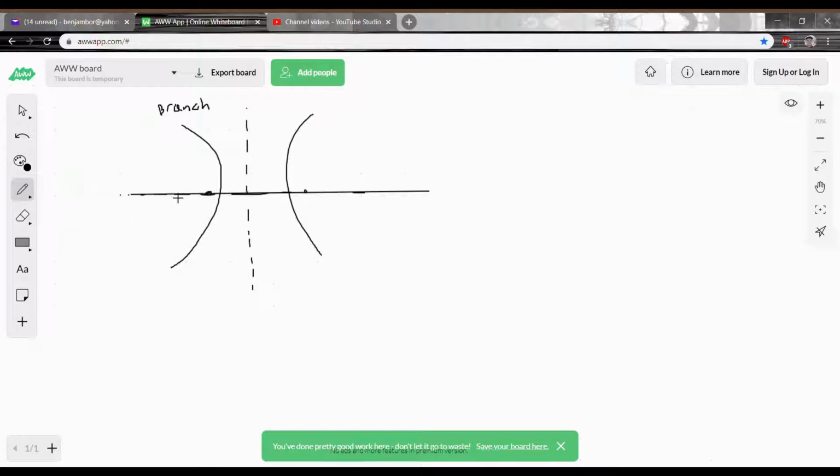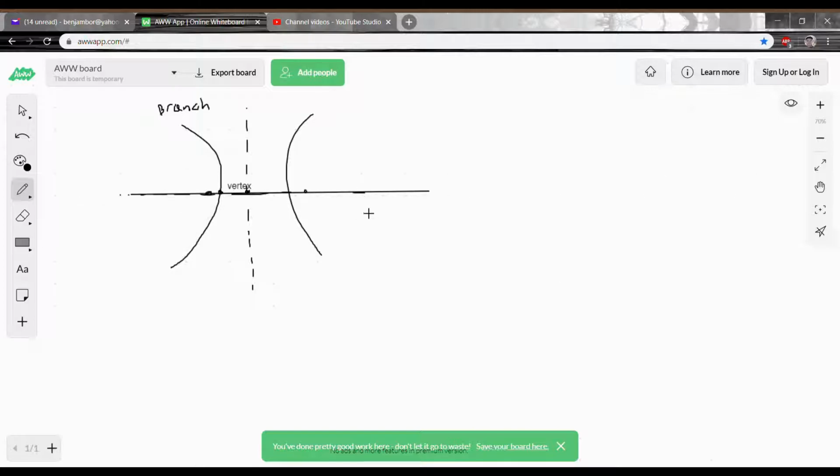Where the transverse axis crosses the branch, that is our vertex. And then we also have a center, which is supposed to be the y-axis. It's more like over here. But if this were drawn precisely, the center would be at the y-axis because this is a hyperbola at origin.